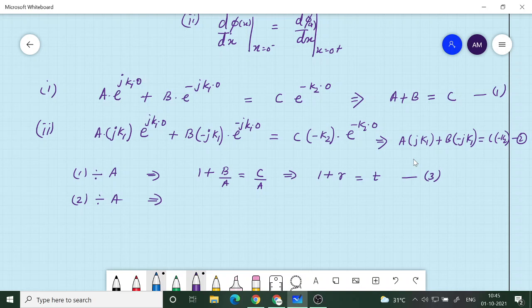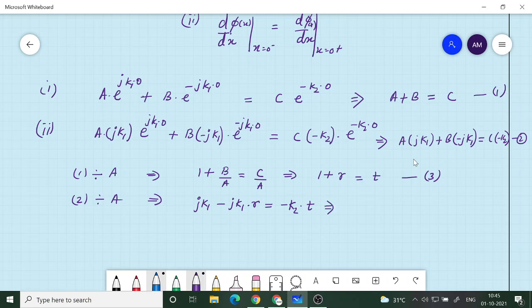Then I have j k1 minus j k1 into b by a, which is r, is equal to minus k2 into c by a, which is t.